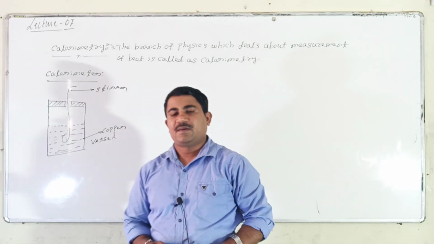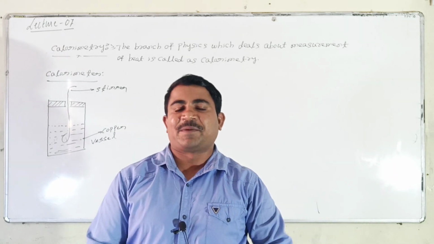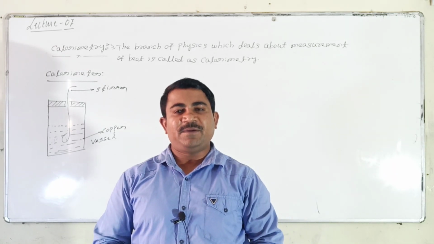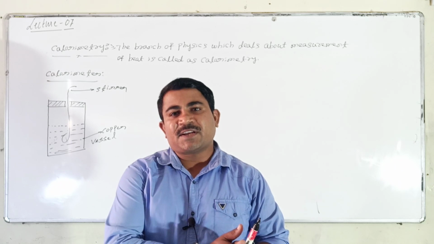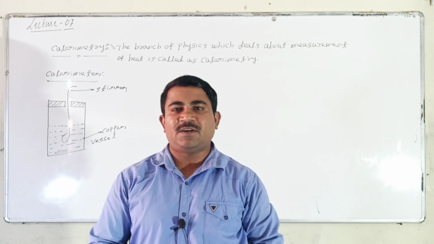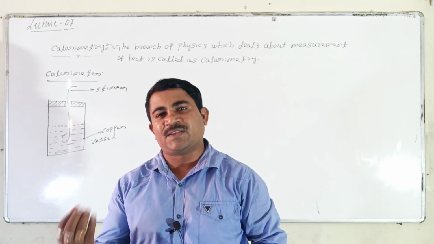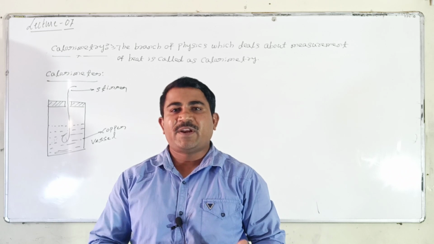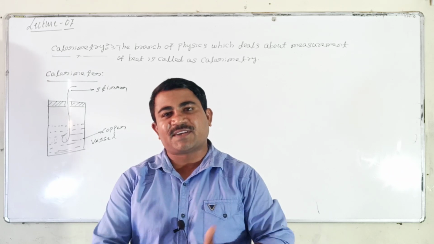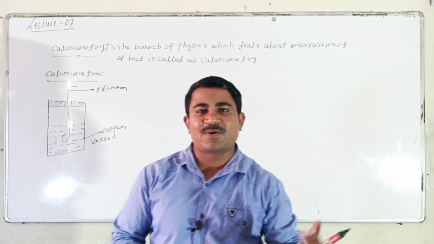To understand the principle of calorimeter, consider one system in a hot condition and another system in a cold condition. When the hot system is made to physically contact the cold system, heat transfers from the hot system to the cold system.